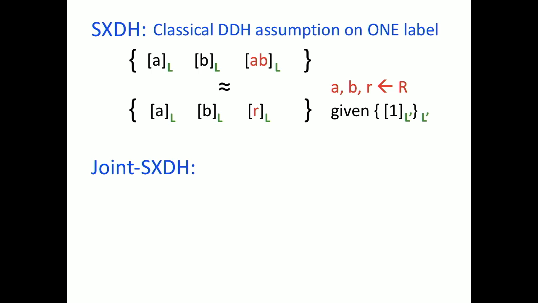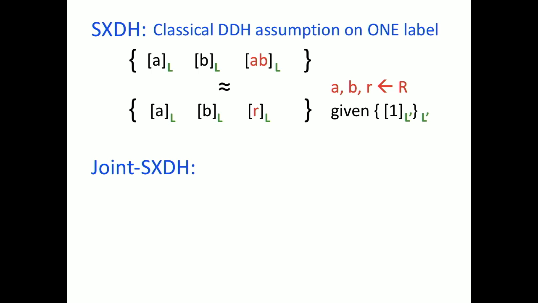In addition, keep in mind that the attackers always know all the encodings of ones in every group. Encodings of ones correspond in some sense to generators of groups, and they're just public. The first thing to notice is that this assumption is not true if we could actually pair label L with itself. How? You can simply take the encoding of A and the encoding of B and pair them together to get an encoding of AB under the label 2L.